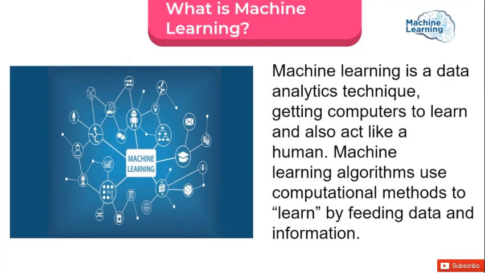So what is machine learning? Machine learning is a data analytics technique, getting computers to learn and also act like a human. Machine learning algorithms use computational methods to learn by feeding on data and information. It is also known as a field of data analytics to make predictions depending on trends and insights in the data.